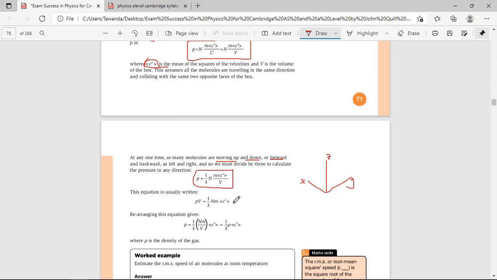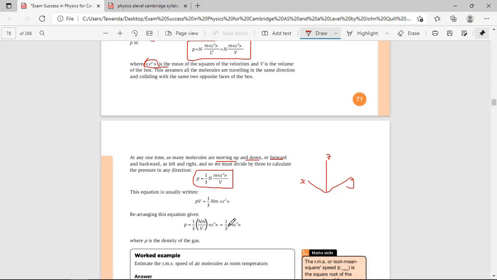So we finally managed to derive it. Then now you can make PV the subject. You take this V to this side, and you have PV equals one third N m c squared, this one. Rearranging the equation can also give this one, where the total mass over volume is what we refer to as the density.